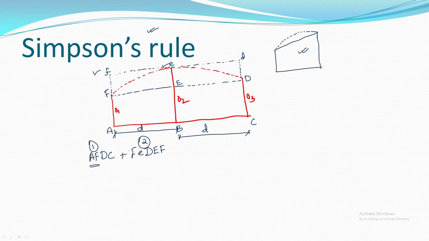Very simple, the distance between 2 parallel lines O1 and O3 is 2D. So 2D by 2 into O1 plus O3. This is the area of this particular portion, AFDC.